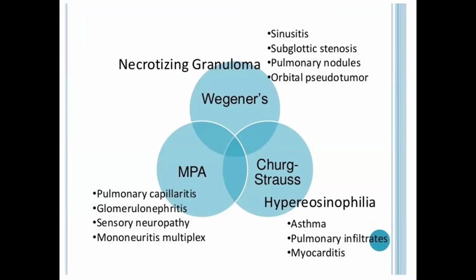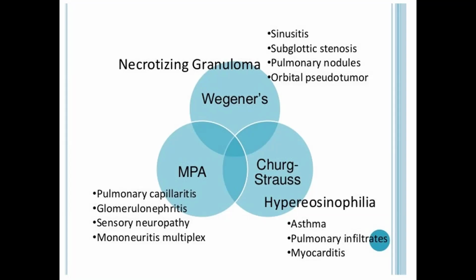Okay, we have other diseases like Wegener, Churg-Strauss, and MPA. Wegener is characterized by sinusitis, subglottic stenosis, pulmonary nodules, orbital pseudotumor.